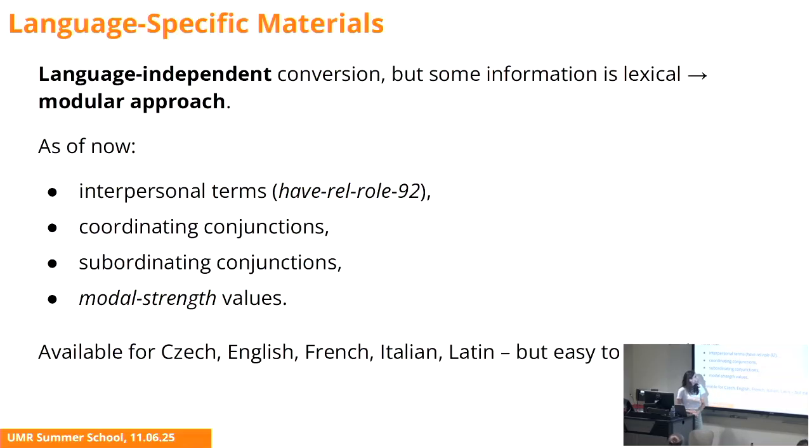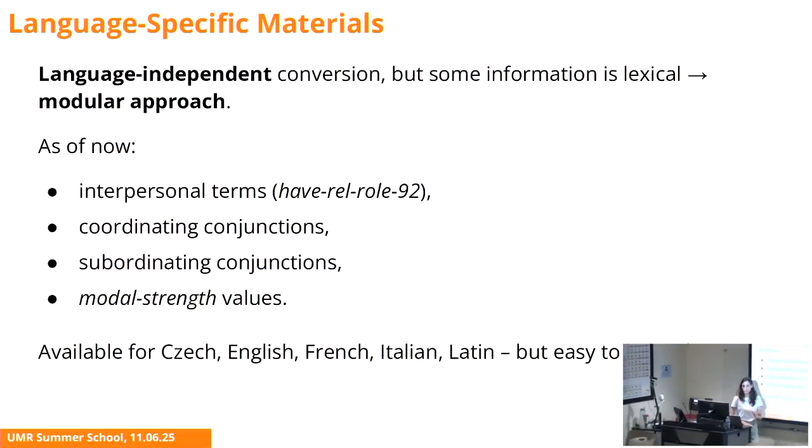More or less complete. However, some semantic information is encoded lexically, so we decided to make the converter somehow modular. So make it in such a way that it can use some lexical resources, very simple ones, that can be defined, and that, for example, specify interpersonal terms, such as mother, brother, housing, whatever you want, to assign this abstract predicate.